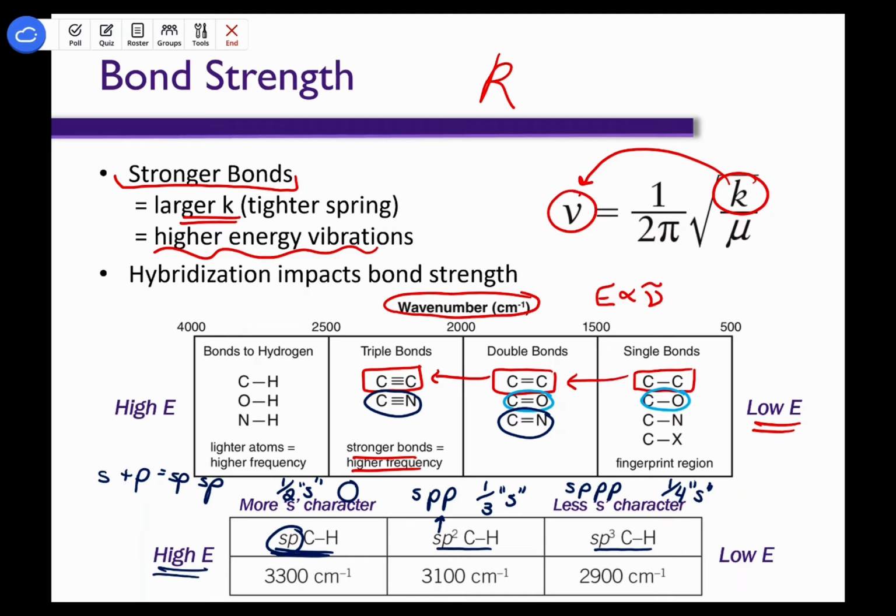More s character, closer to the atom, sorry, I said that backwards. Less s character, farther from the atom, weaker bonds. More s character, atoms are closer together, stronger bond. That's my way of looking at this. And so that explains why we have higher energy vibrations with atoms that have more s character, lower energy vibrations with less s character.